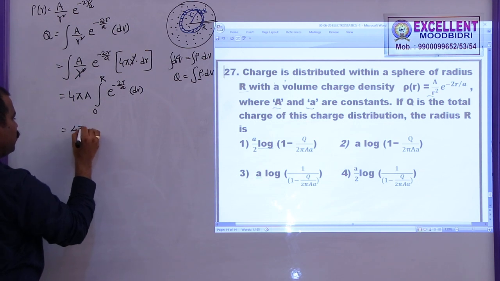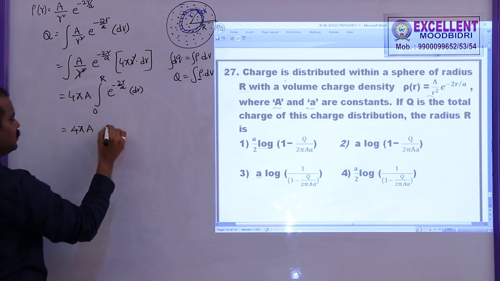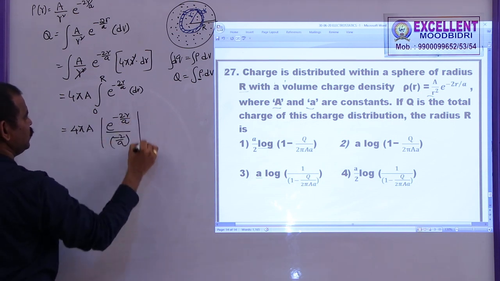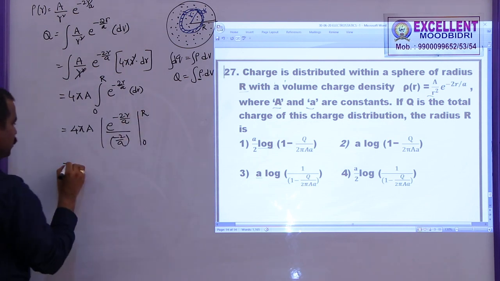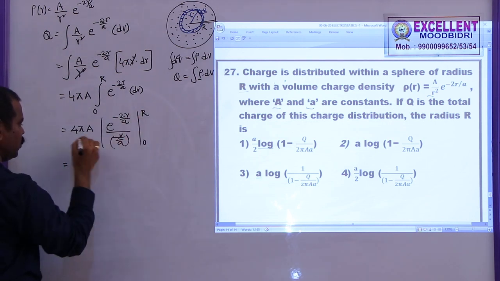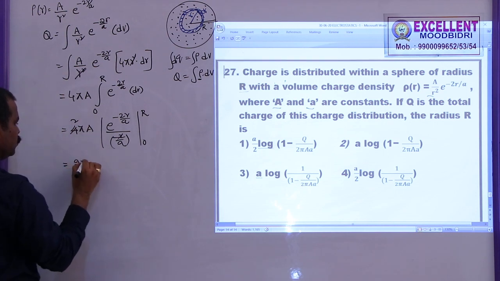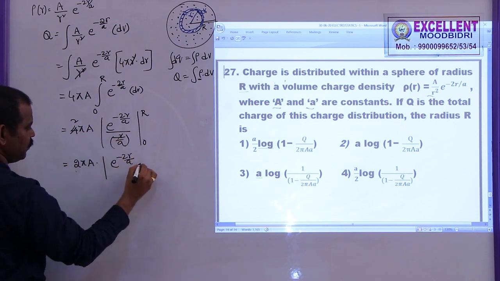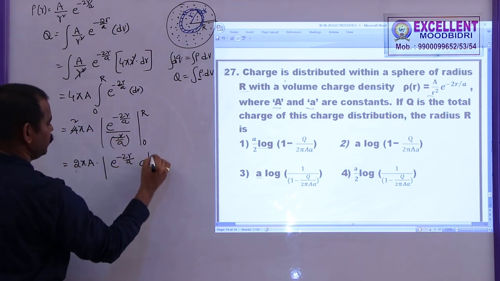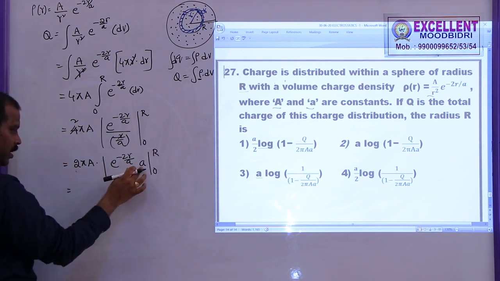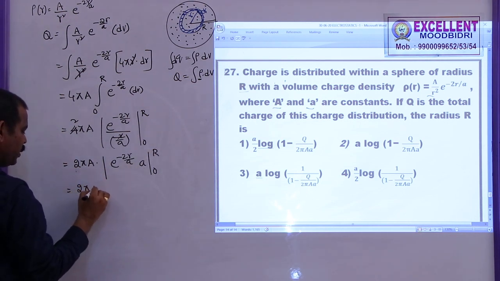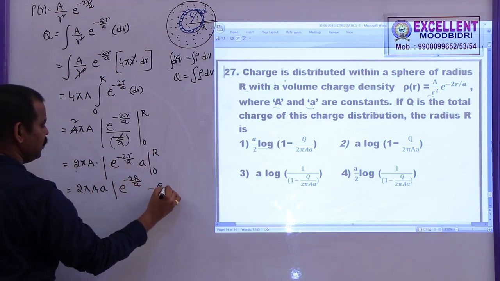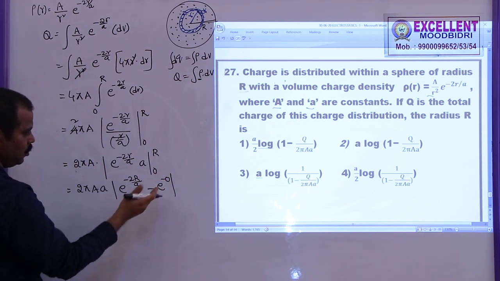So this will be 4πA, and the integral of e^(−x) is e^(−x) by minus 2 by a, with the limits 0 to R. Now you can cancel this 2 under this 2, 4, this will become 2πA e^(−2r/a), and this 1 by a will become a, with the limits 0 to R. Where a is also a constant, bring it outside: 2πAa, apply the limits, e^(−2R/a) minus e^(−0), which is equal to 1.